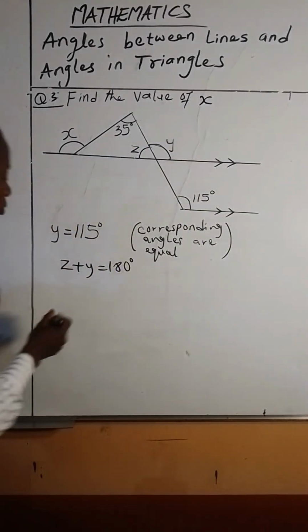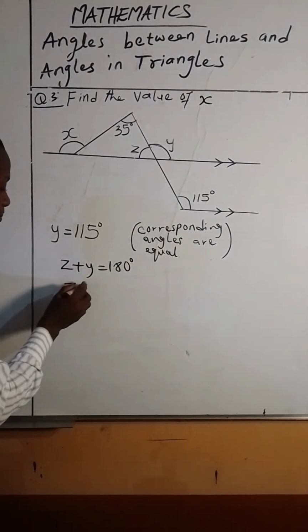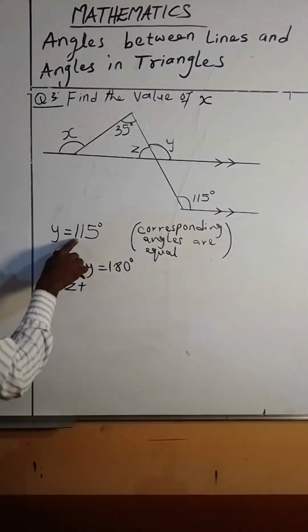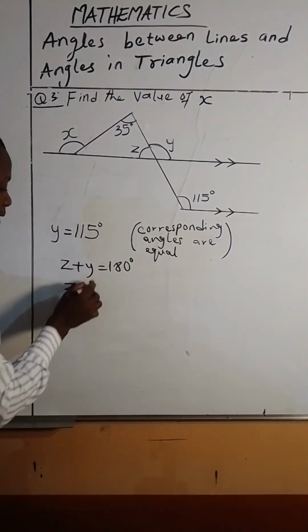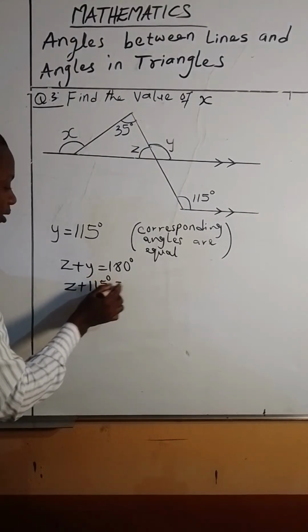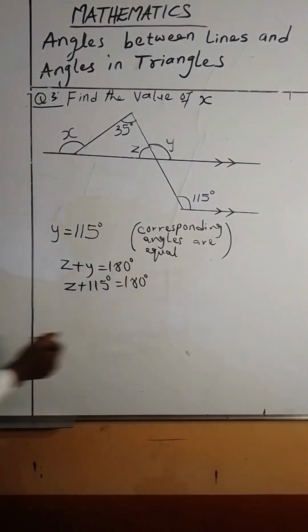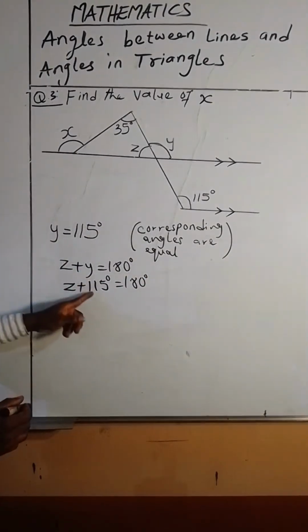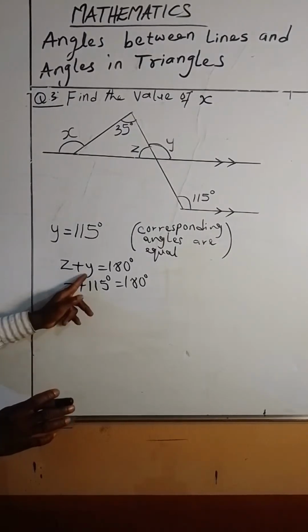But we are aware that Y is 115 degrees. So what it means is that we are going to substitute for Y here, and that is equal to 180 degrees. We have not done anything else than just substitute.